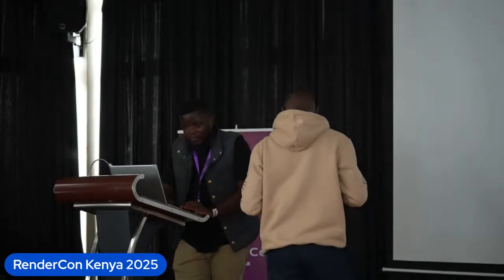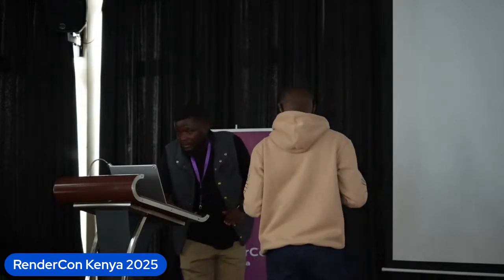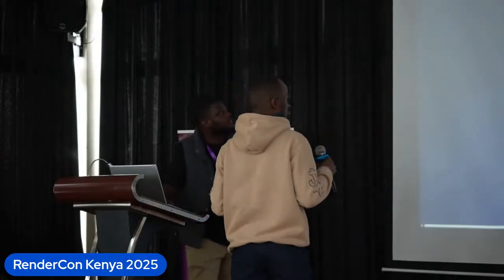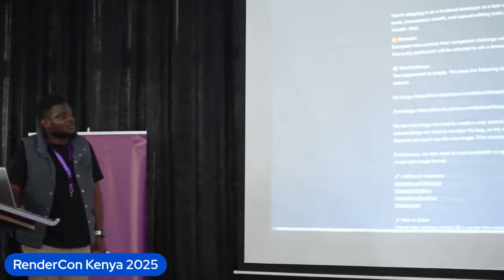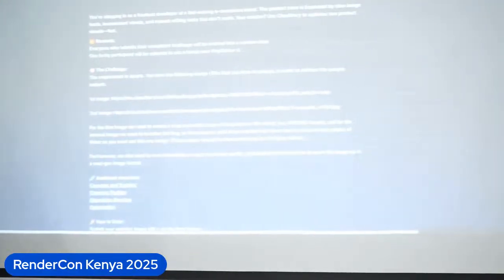So an example is for this image: we've been told that we need to create a crop around the face of the person in the center in a 400 by 400 square.